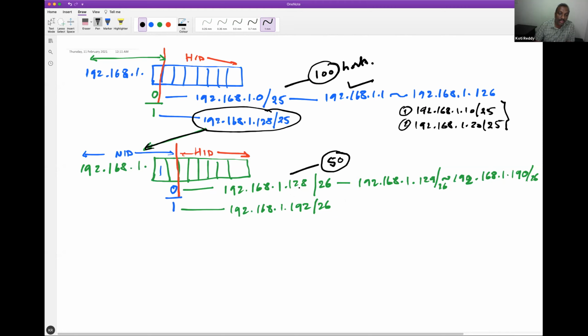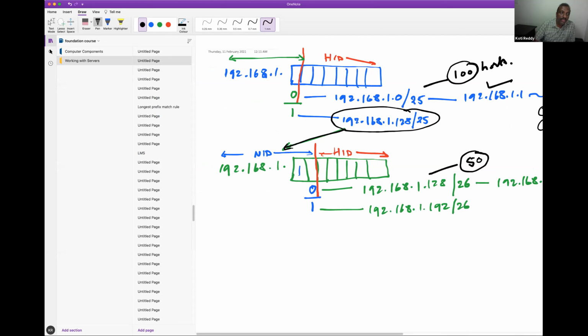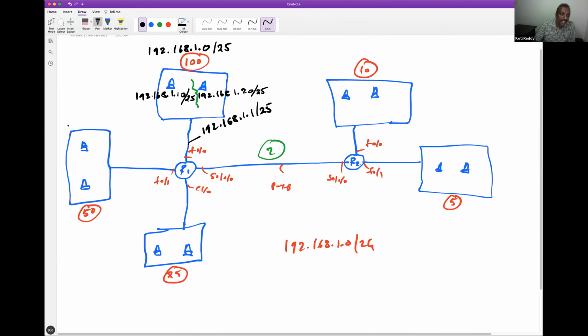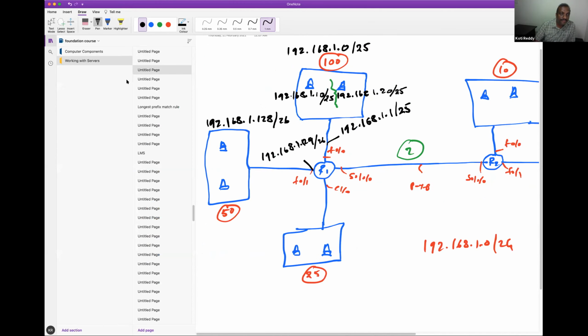So let us write it down: 192.168.1.128 slash 26. And here I get the first IP, 192.168.1.129 slash 26. I need two IP addresses here, right? Which IPs will I take now?